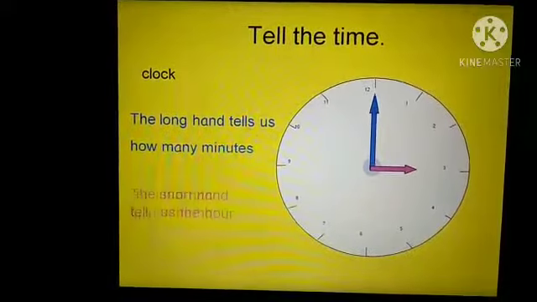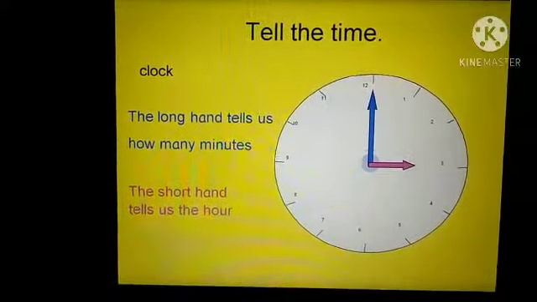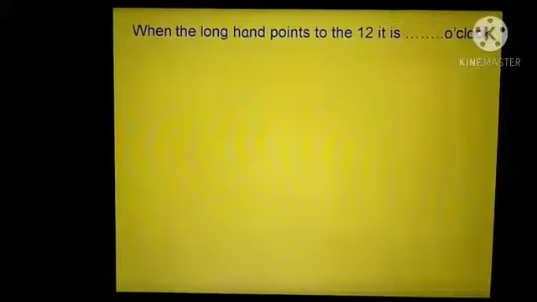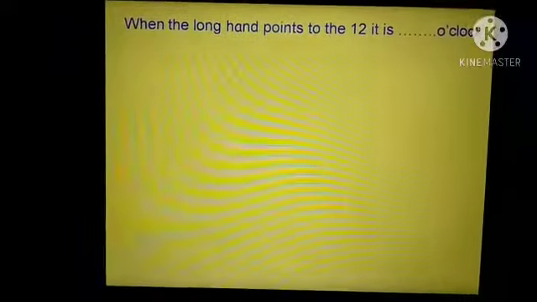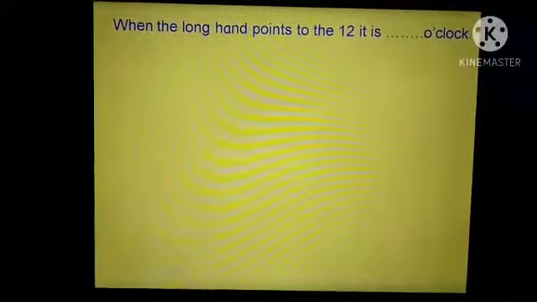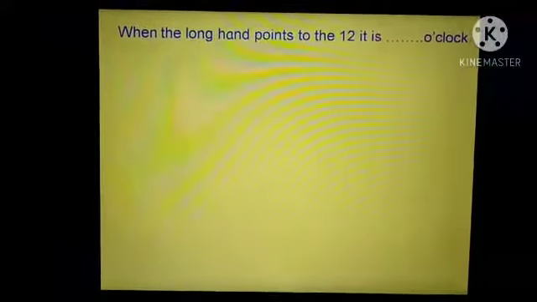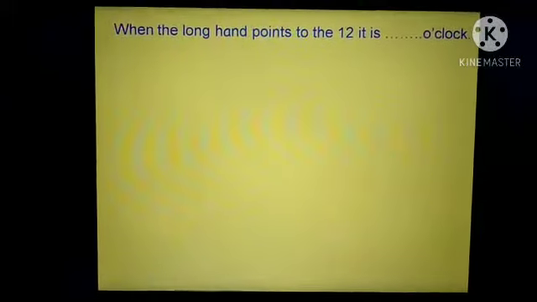The short hand tells us the hour. When the long hand points to the 12, it is o'clock. Okay? So in the previous video, I have explained you about the o'clock. So in this video, we are just having a quick recap, okay?